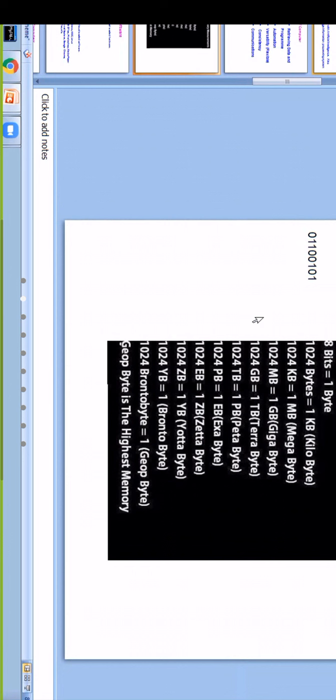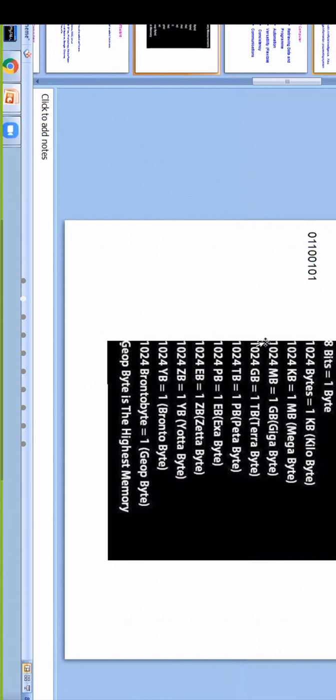In computer terminology, it is 1 kilobyte, represented as 1 KB. Remember, when I combine 1024 KB, it forms 1 megabyte, termed as 1 MB.